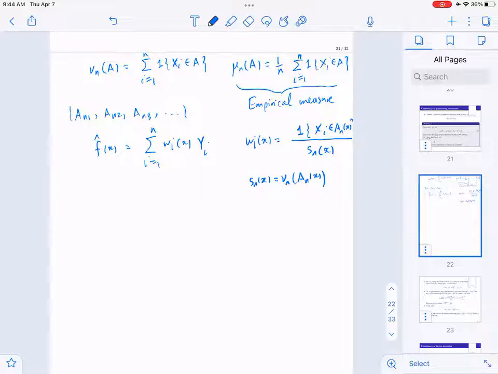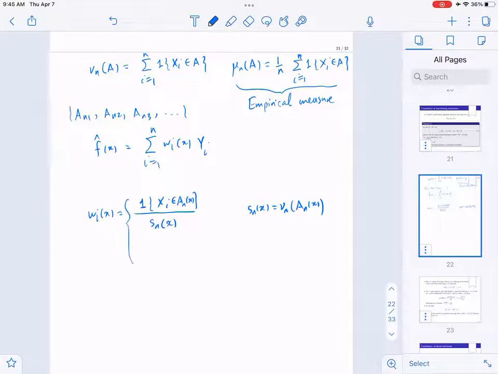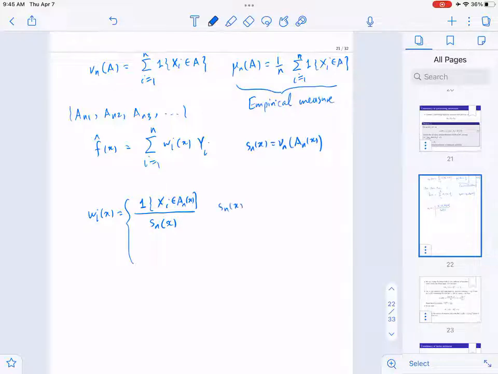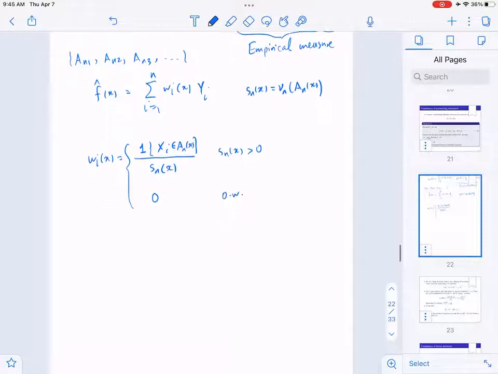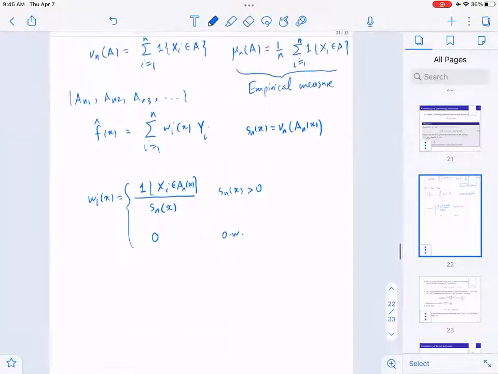This is true if SNX is bigger than 0, and 0 otherwise. If SNX is 0, it means that there are no data points in there, so we define it like that.